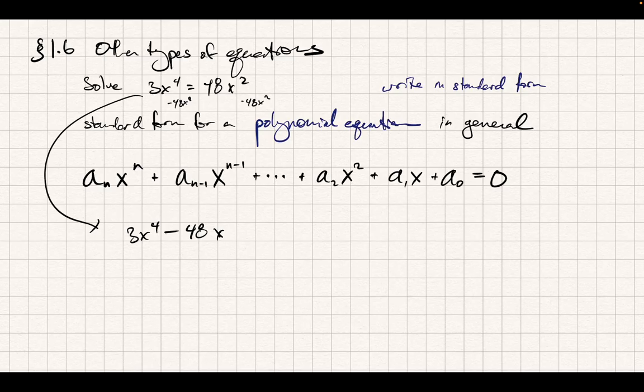Yeah. I keep this equality as long as I do the same thing to both sides. I can add to both sides, subtract from both sides, multiply both sides, divide both sides, I can square root both sides. And then what do I have left? Equals 0. Okay, now we're in standard form.